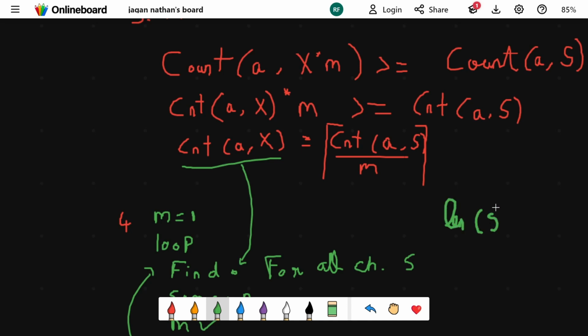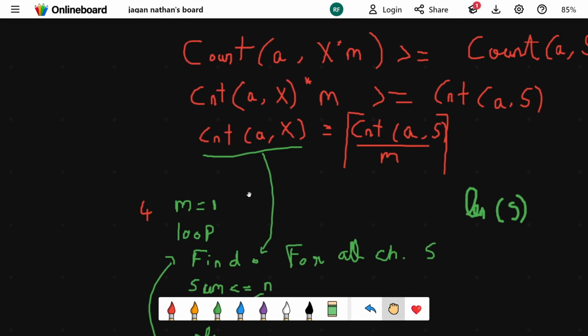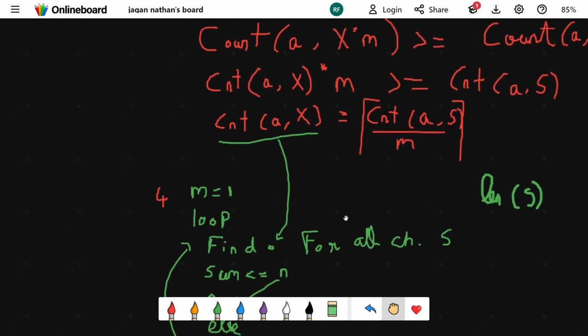Well, within length of S repetitions, we can obviously generate S without any problem. So we can go from m equal to 1 till m equal to length of S, and we'll figure out whether we can have a string x with m repetitions basically.